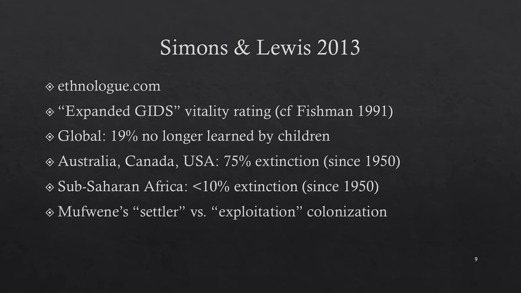And they suggest that these numbers provide quantitative support for the observation of Buffoni that language shift is largely predicted by two different types of colonization, where there was settler colonization, and the colonizers stayed and remained and created new societies, that they also brought language shift with them, but where colonizers were not looking to move to a new area but only to exploit it for its resources, there was less impact on language vitality.